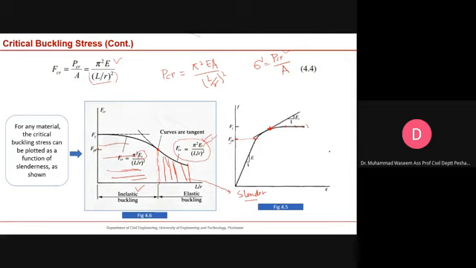If you want to estimate the critical stresses in stocky columns or very less slender columns, you have to use this formulation, because we know the failure mode of stocky columns is by yielding, and the slender column failure is by failure in stability.